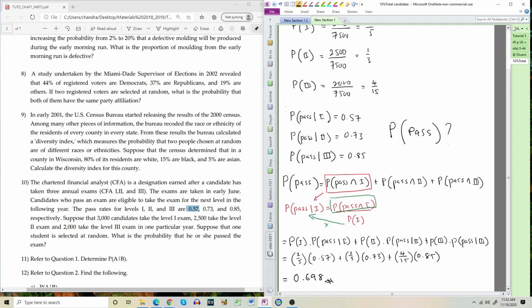So this is how you find the answer for 10.